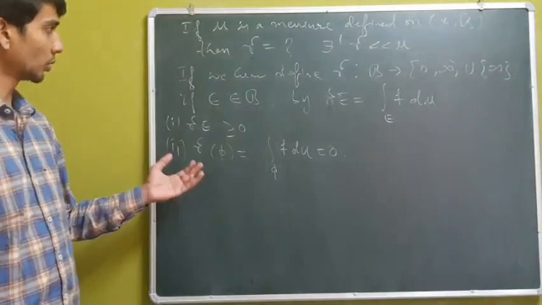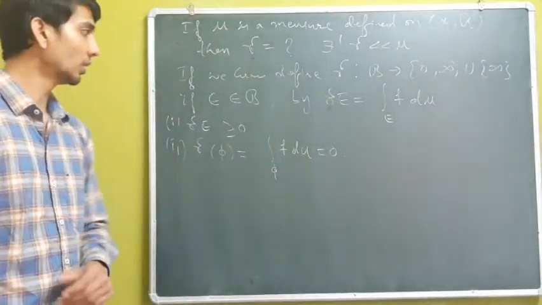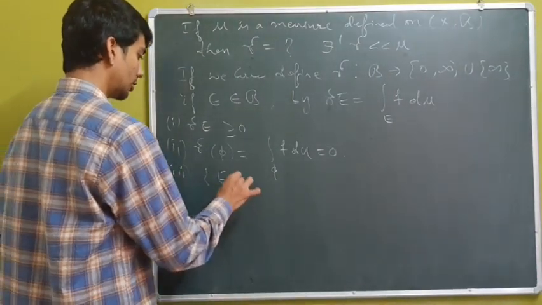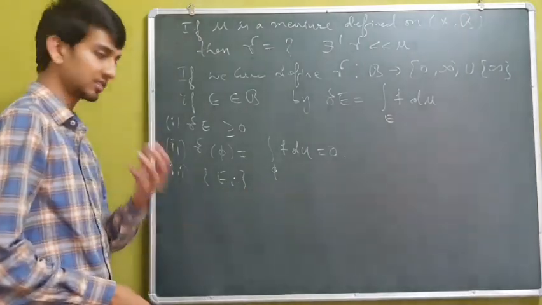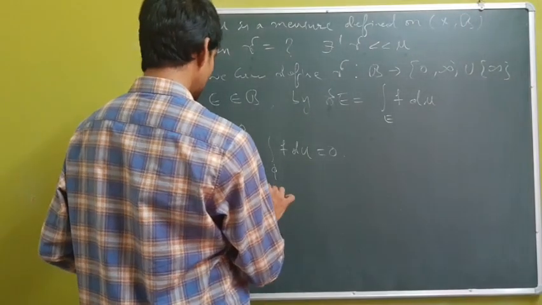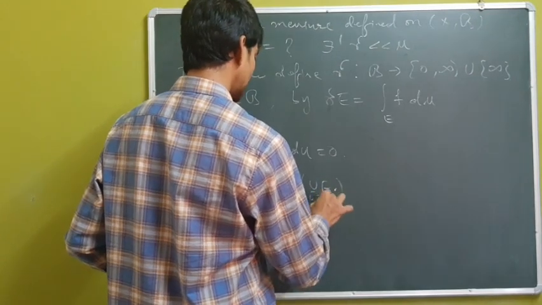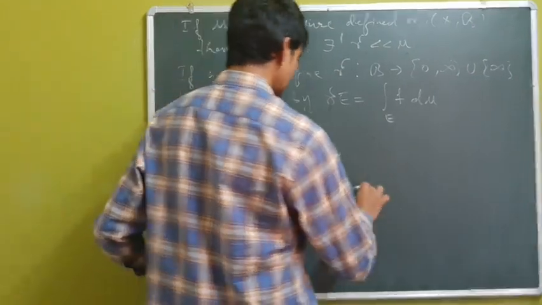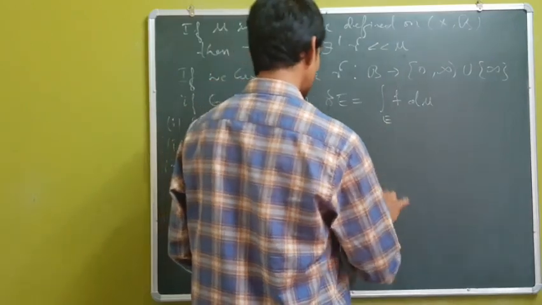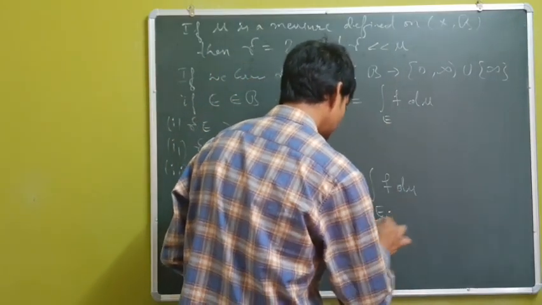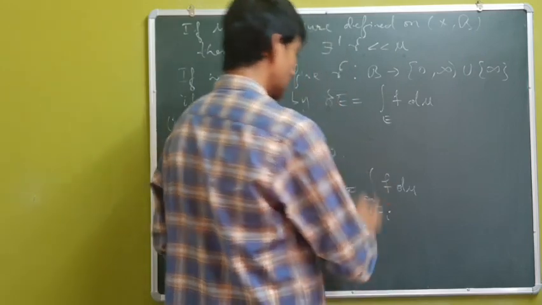Finally, in order to prove that gamma is countably additive, if I consider a sequence E_i of disjoint measurable sets, then I have gamma of the countable union of E_i, by the definition, to be the integral of f over the countable union of E_i with respect to mu.